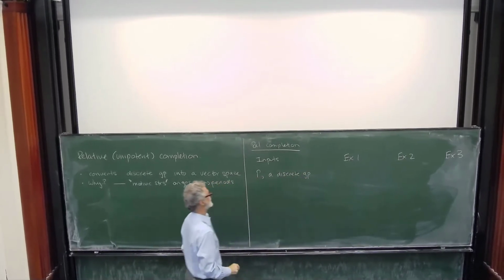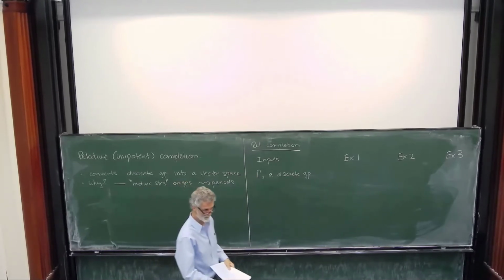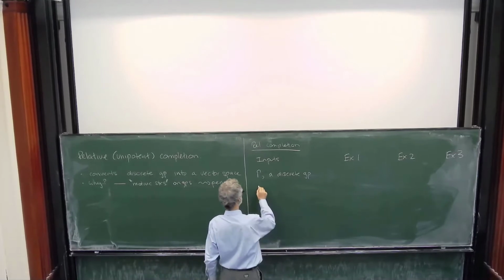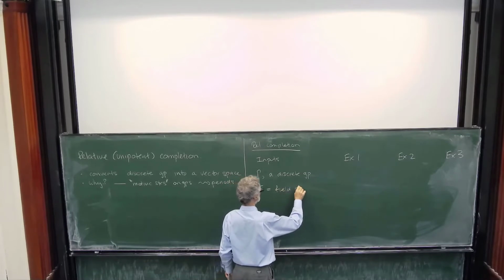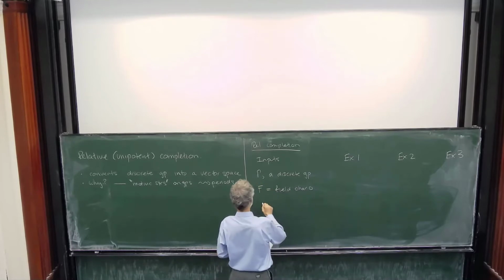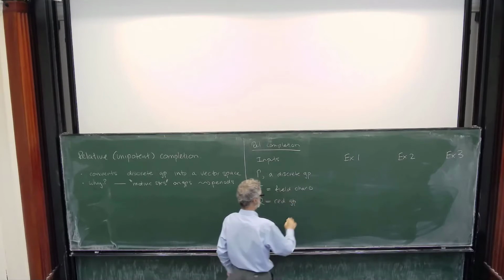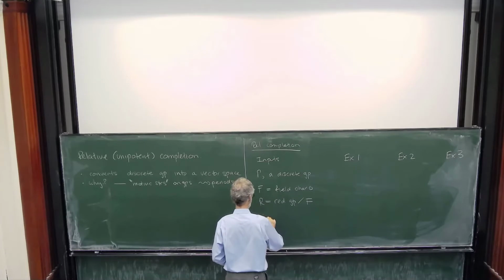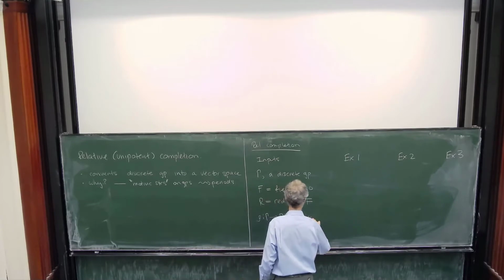Think of the fundamental group of a variety, and here mainly we think of SL2Z. And F equals a field of characteristic 0. R is a reductive group over F. And rho, which takes gamma into the F points of R, is a Zariski dense representation.